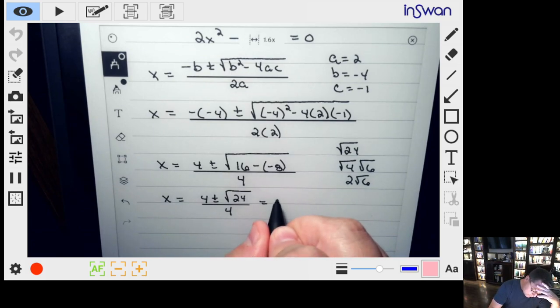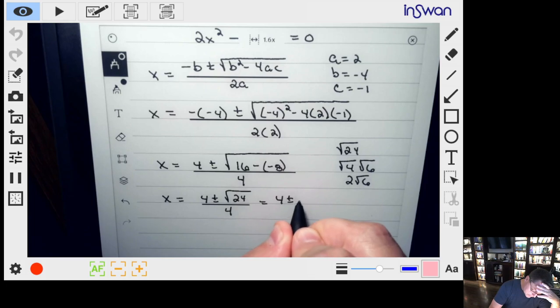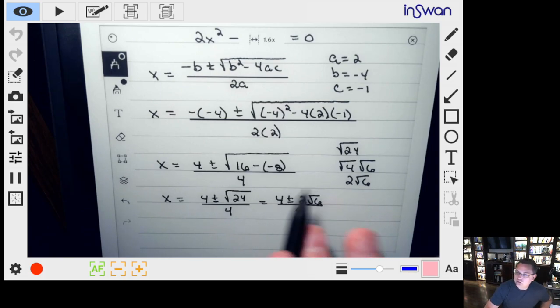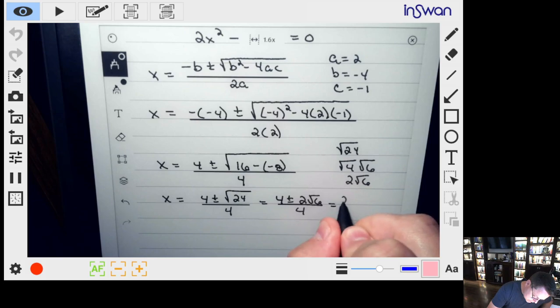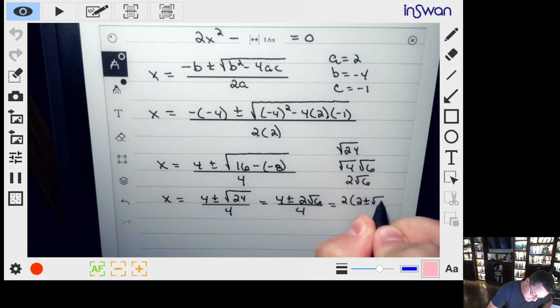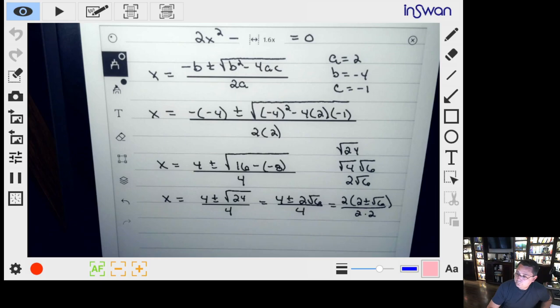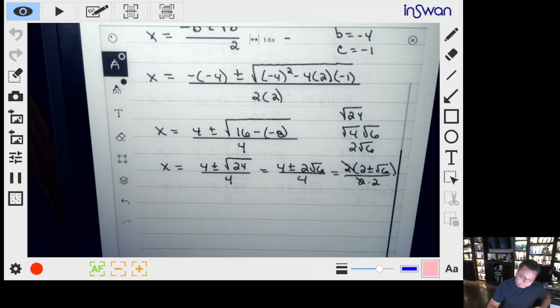So we're going to end up with 4 plus or minus 2 square roots of 6, all over 4. Now notice in the numerator, the top part here, I can factor out a 2. So I could write this as 2 times 2 plus or minus the square root of 6, over 2 times 2, because that's 4. Because I've got multiplication in between, I can cancel.